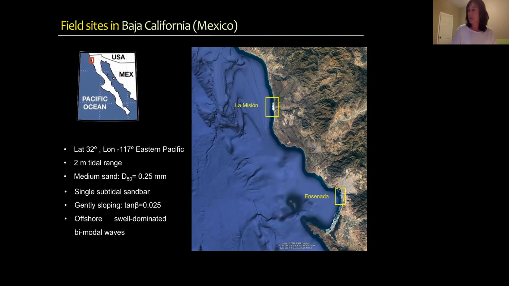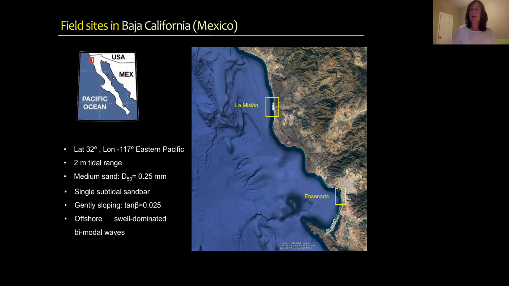They are made of medium sand. They have a single subtidal sandbar. They are gently sloping. And this is a map here on the right-hand side of the coastline, the location of Ensenada Beach, which is the embayed beach, and La Misión, the open beach. The distance is 30 kilometers, one from the other, so they are fairly close.